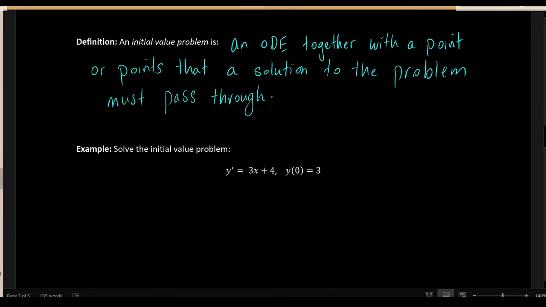Out of the infinite collection of possible solutions to this ODE, give me the one solution which has this special extra property, that it passes through this specified point or points.